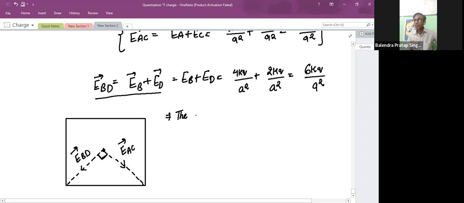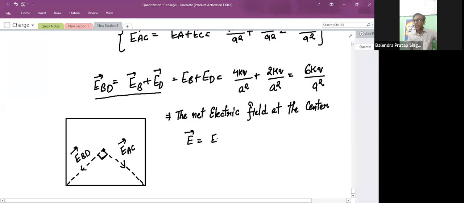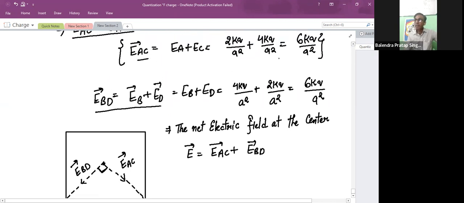Now we will find the net electric field at the center. The net electric field vector E is equal to EAC vector plus EBD vector. Let me be very clear: EBD and EAC both have equal magnitude, but they are in different directions.